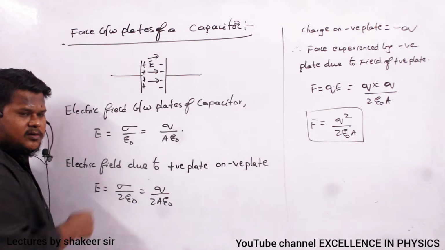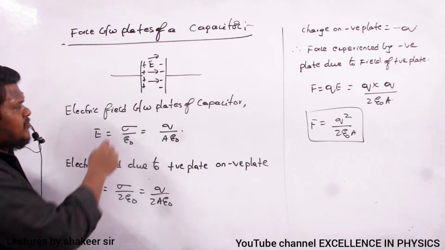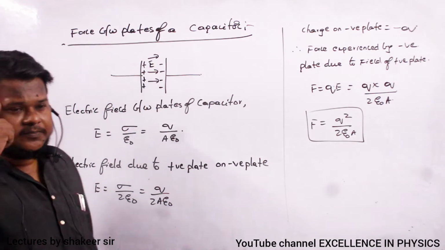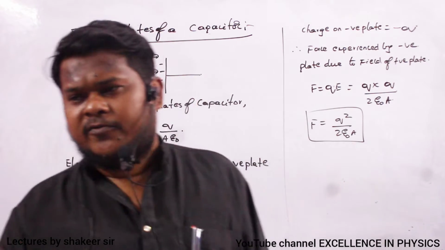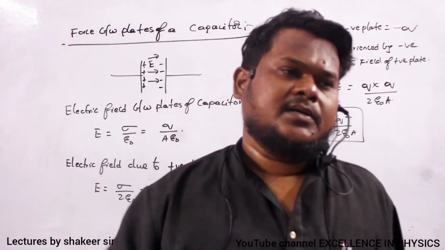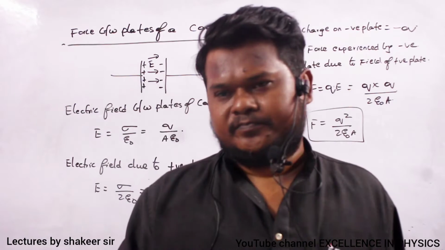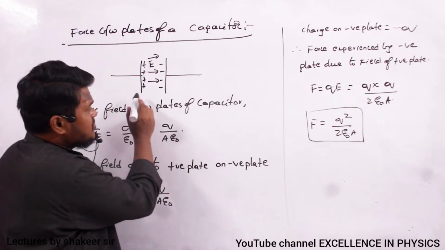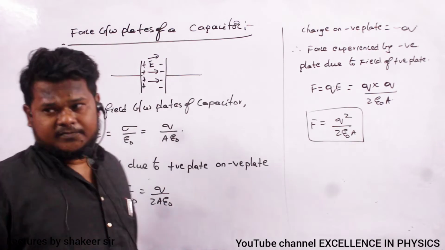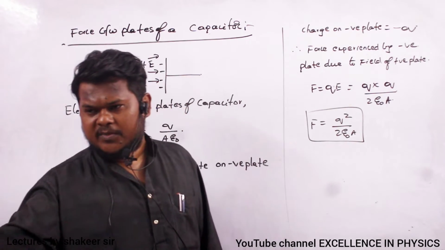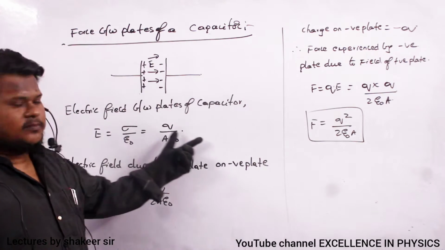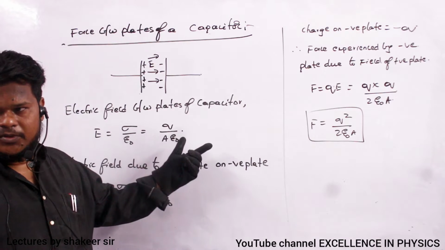The field because of an infinite sheet of charge is sigma by 2 epsilon naught. There is a field because of the negative plate also, so one more sigma by 2 epsilon naught. Sigma by 2 epsilon naught plus sigma by 2 epsilon naught is sigma by epsilon naught. So that is the total field present between the plates of a capacitor.